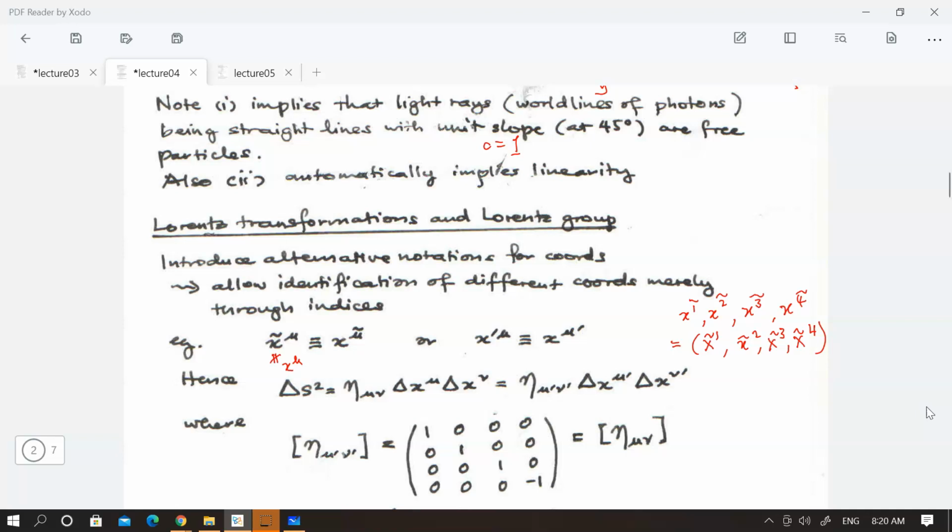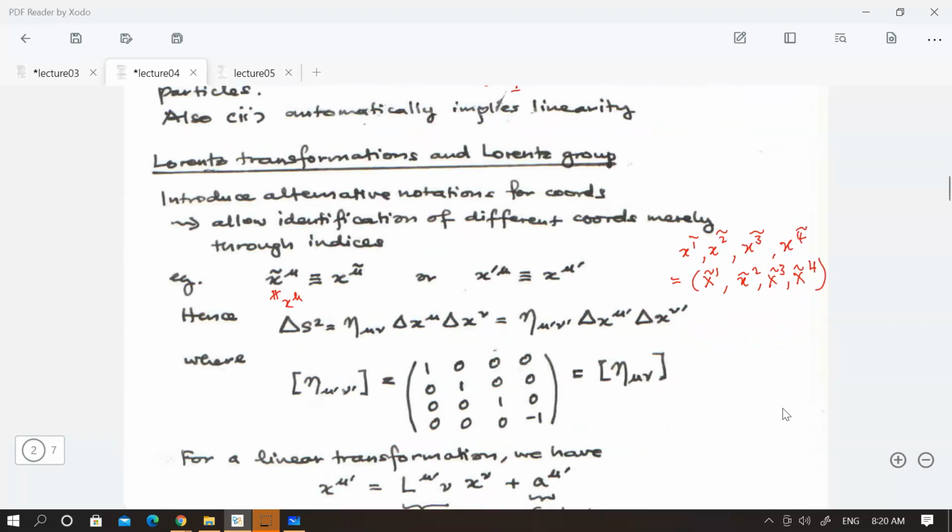So I'm going to use an x dash mu as the coordinates, and then this will be equivalent to the idea of having x mu dash. Okay, so what I'm going to have now, for example, the four-dimensional interval which is invariant can be written in terms of your x over here and your x dash.